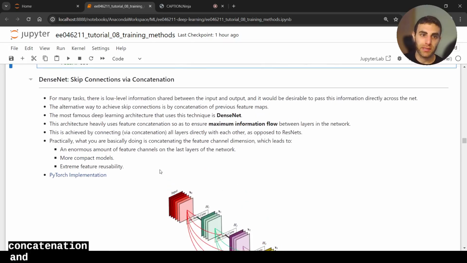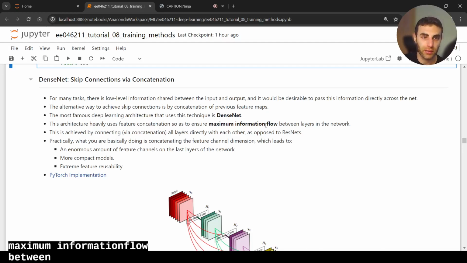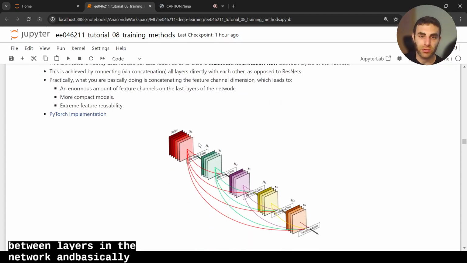This means that we will have a very large number of feature channels, growing as we progress in the network. The idea is to ensure maximum information flow between layers in the network, and basically we just concatenate each output to the previous input.